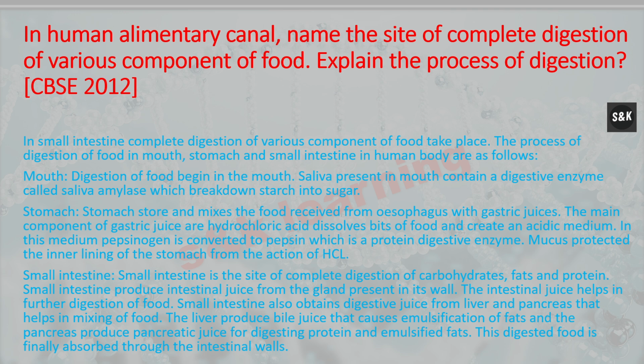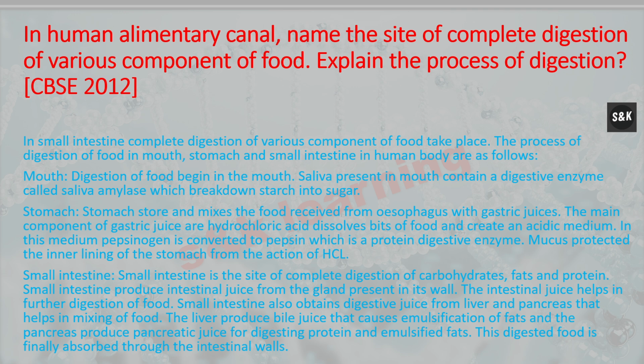Small intestine. The small intestine is the site of complete digestion of carbohydrates, fats, and proteins. It produces intestinal juice from the glands present in its wall. The intestinal juice helps in further digestion of food. The small intestine also obtains digestive juices from the liver and pancreas.